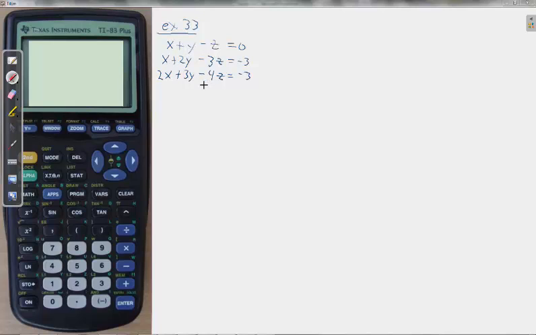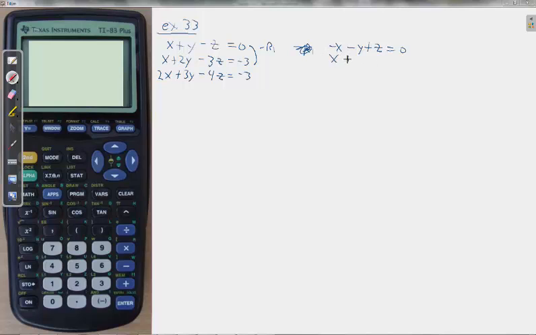We're going to probably just do x's again, just because I've already got them so close to each other. So let's say take the first one times a negative, so I'd have a negative row 1, so sorry, negative x minus y plus z equals 0.